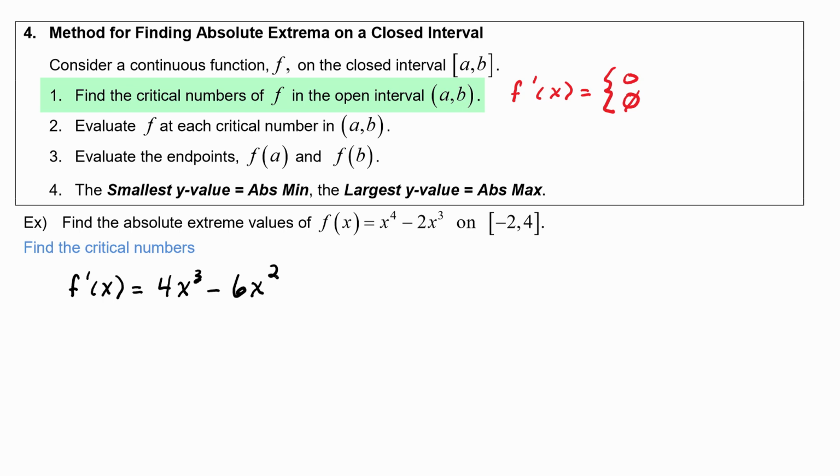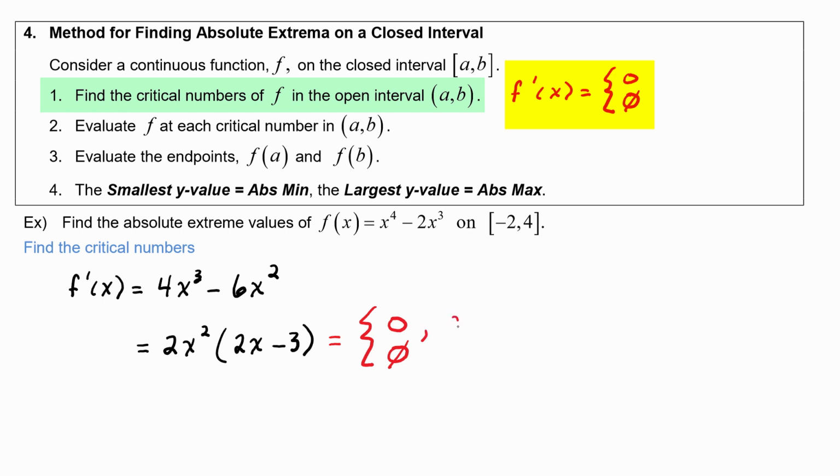Let's go ahead and factor this. We can pull out 2x squared, and we would take that times 2x minus 3. And now we need to find the places where the derivative is either 0 or does not exist. So we will take this and set it equal to 0 or undefined. Now this expression will equal 0 whenever x is 0. That comes from this first factor.